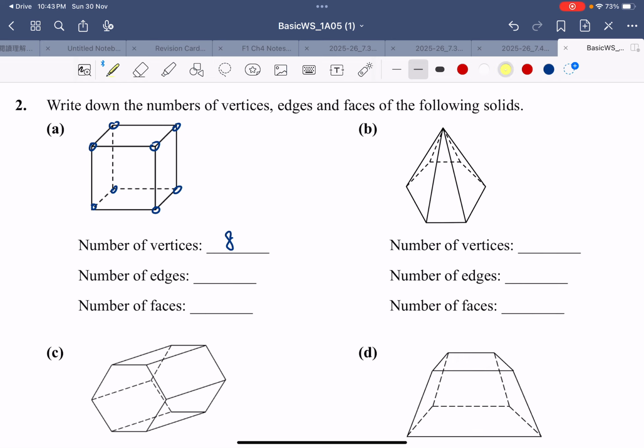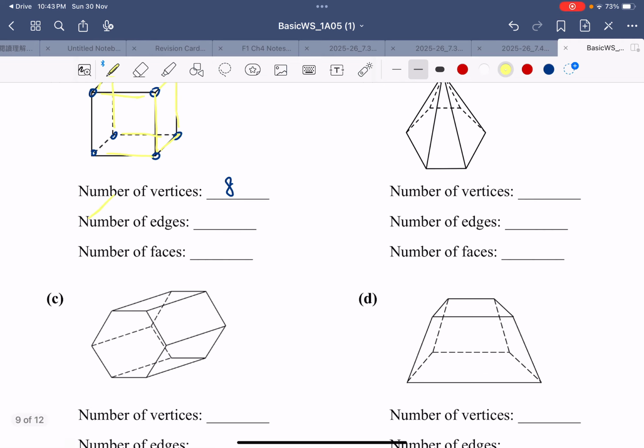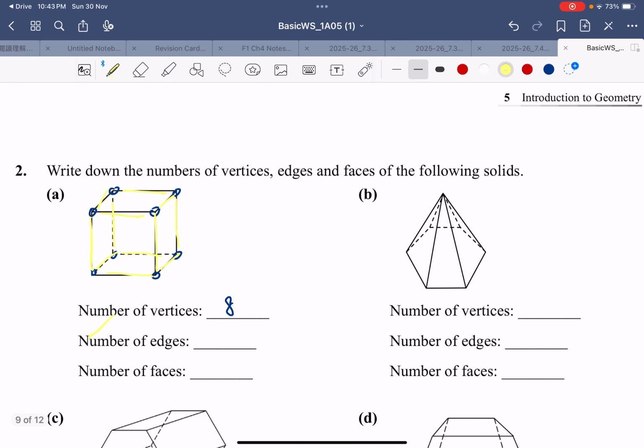And also we can count the number of edges: 1, 2, 3, 4, 5, 6, 7, 8, 9, 10, 11, 12. 12 edges. Number of faces should be 6, right?